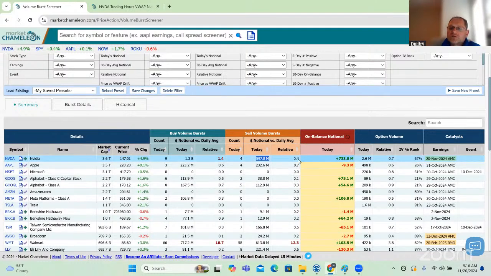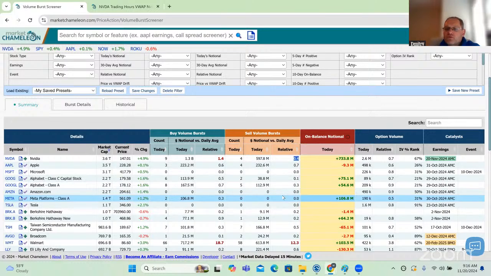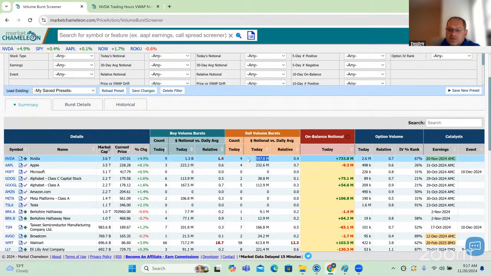Well, the ratio is 0.4, meaning if we took the 600 million that we saw today and divided it by the average daily volume, that ratio is below 1, so it's less than usual, 0.4, 40%. That's just letting us know there's a bigger imbalance towards the buy side.